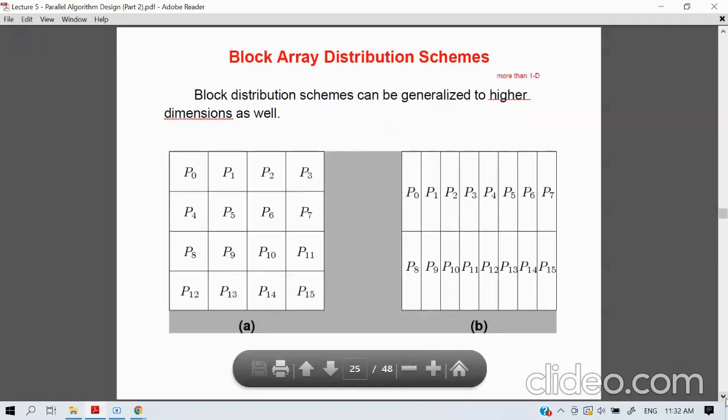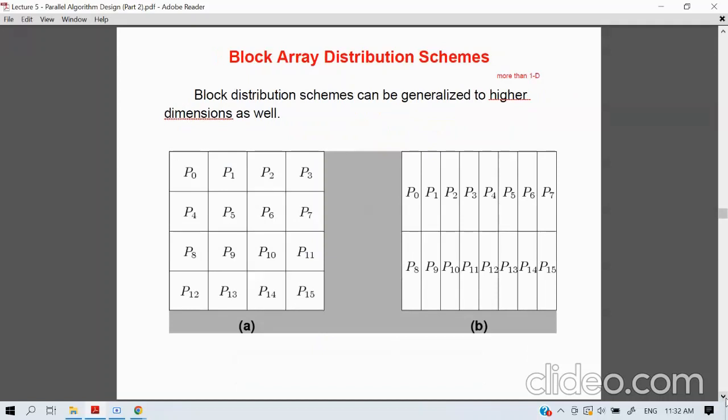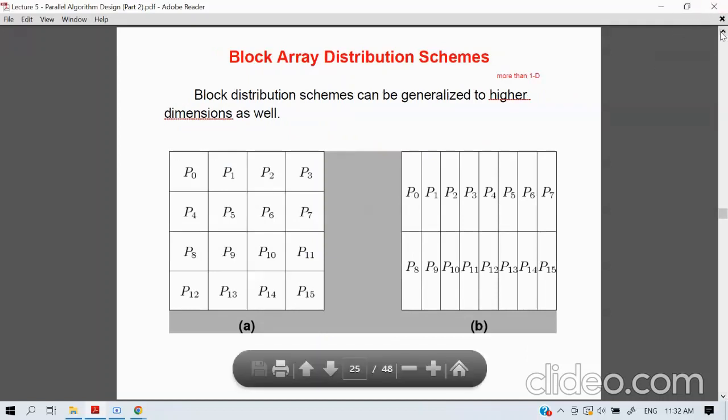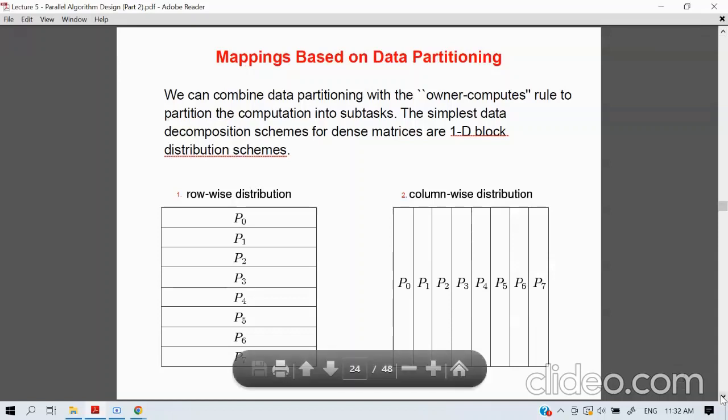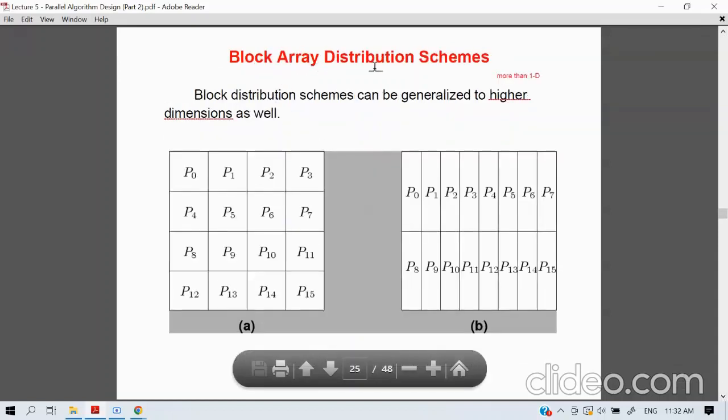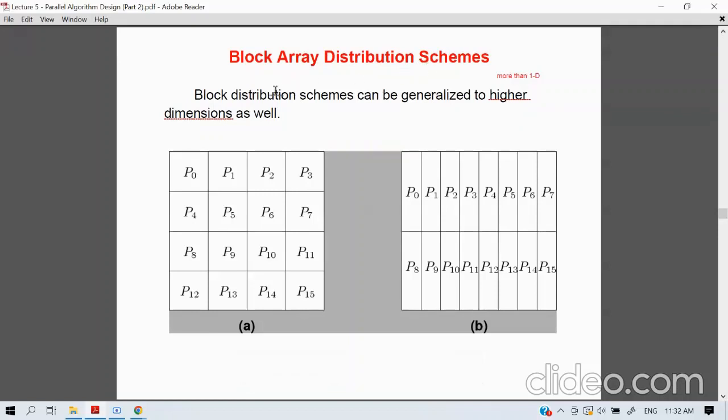Next, if we don't want to use row-wise or column-wise, we can also use the block array distribution scheme. The block distribution scheme can be generalized to higher dimensions as well. It means we can apply this technique to large data sets or large problems.